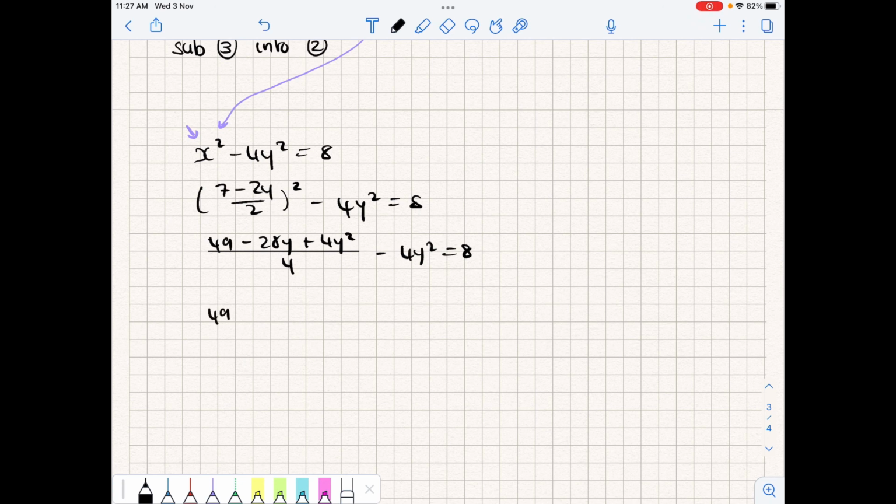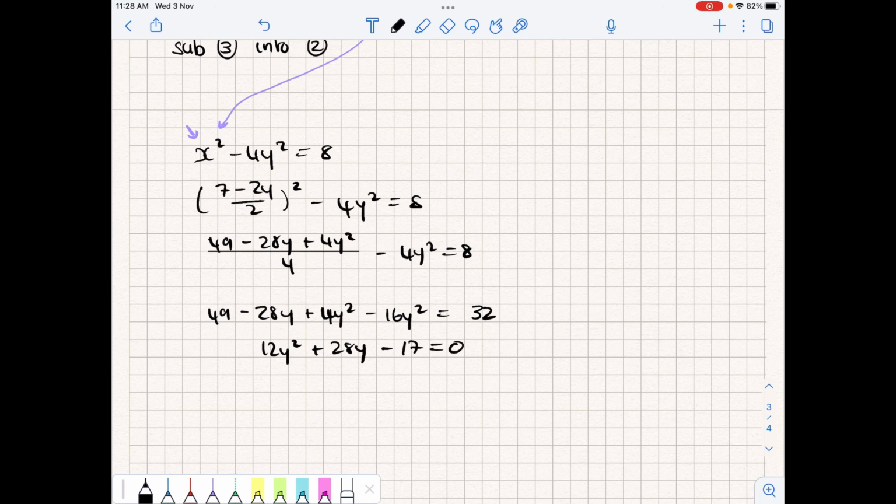So we'll get 49 minus 28y plus 4y squared minus 16y squared equal to 32. Right, now we're just going to group like terms and solve for y. So we'll get 12y squared plus 28y minus 17 equal to 0.